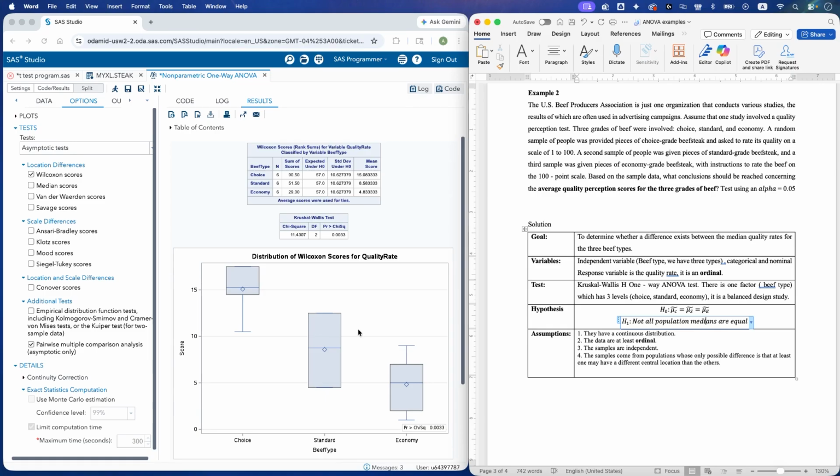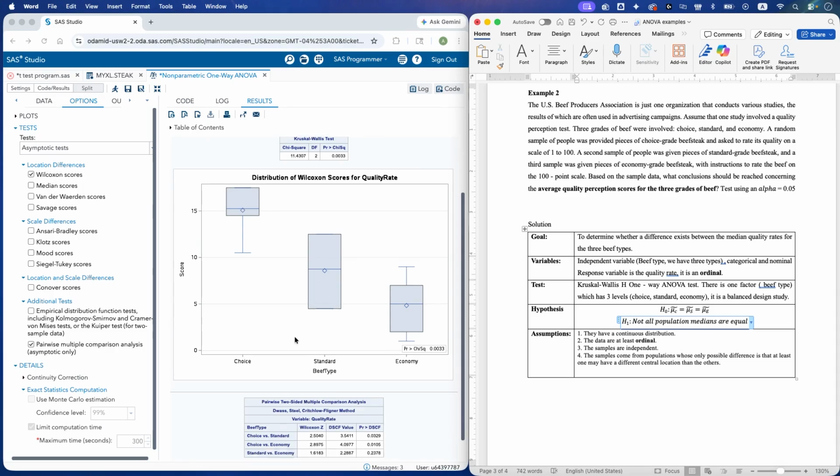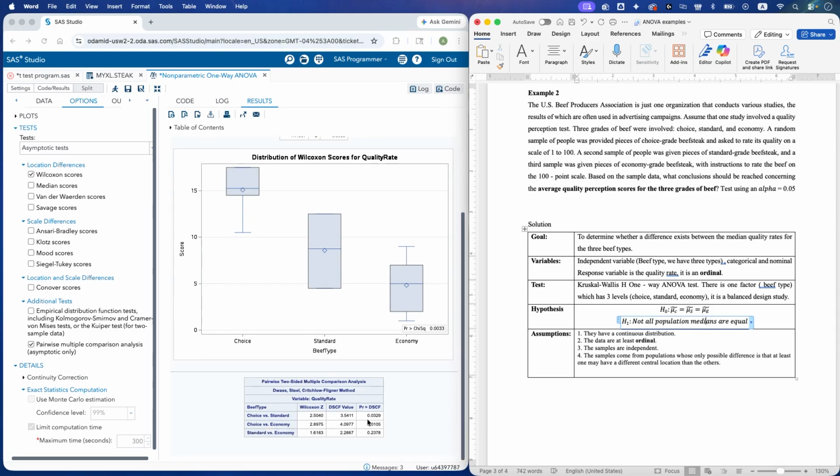Which ones? Which ones are statistically different? All of them? Do we have a statistical difference between this and this, or this and that? We look at the very last table. This one tells you whether we have a statistically significant difference between choice and standard. We look at the p-value. Do we have a difference?